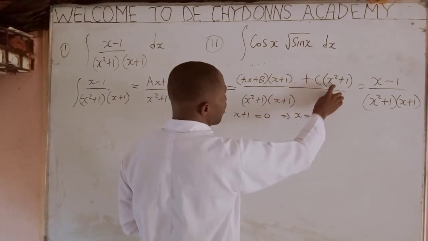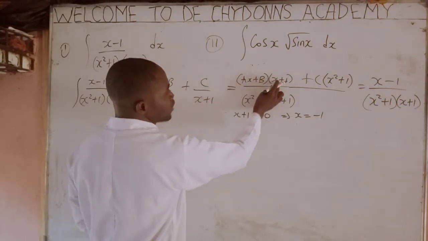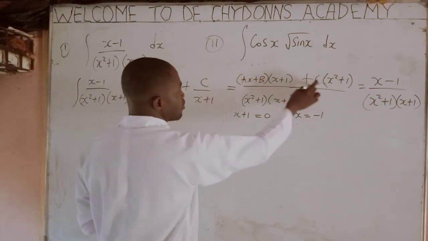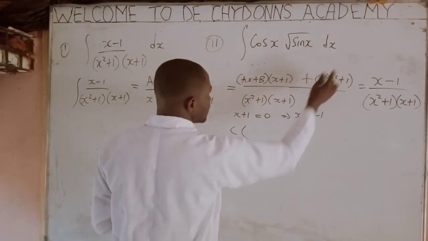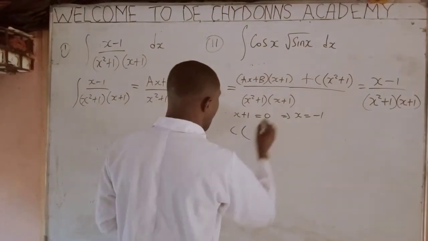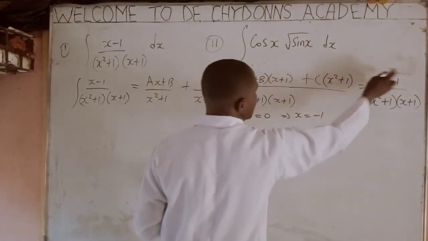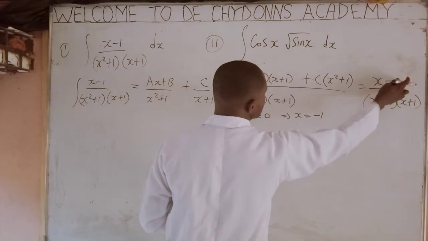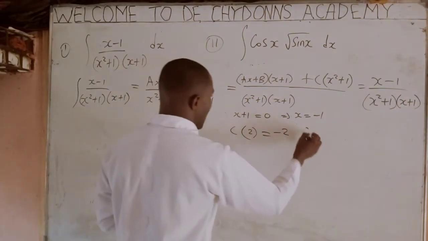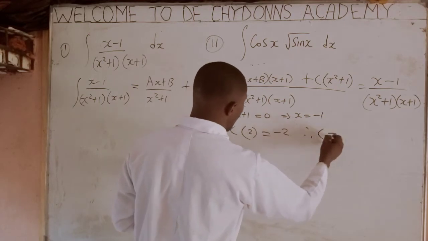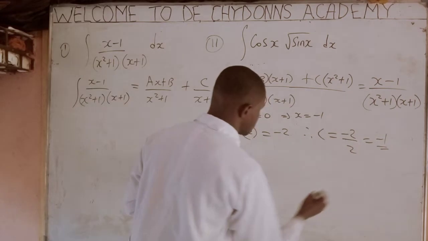Then c times (minus 1) squared plus 1, that is 2, equals to the numerator, minus 1 minus 1, minus 2. Therefore, c equals minus 2 over 2, equals minus 1.